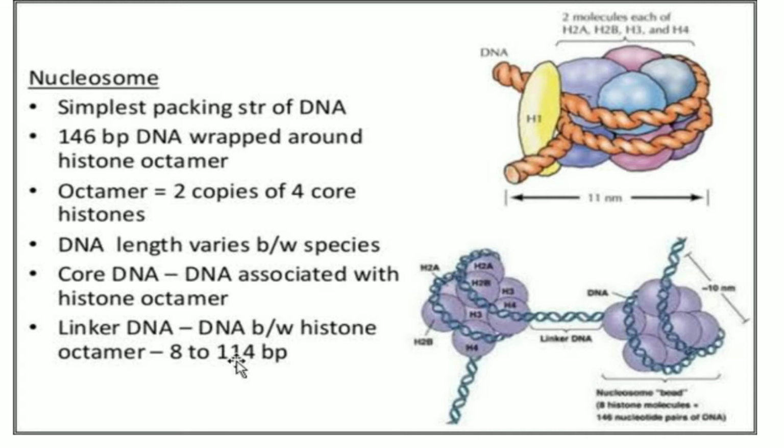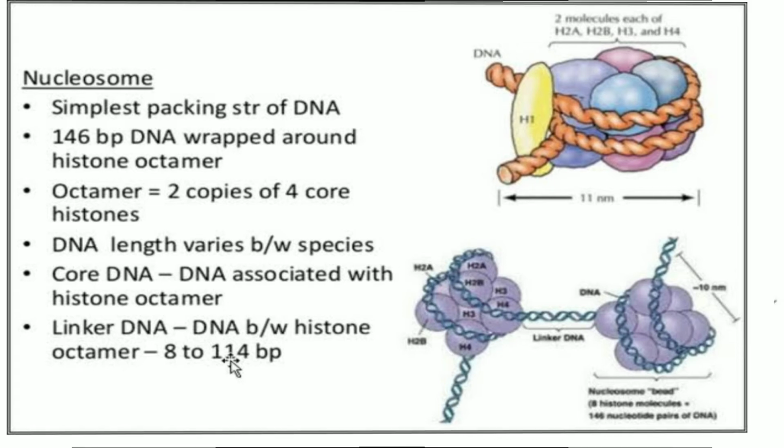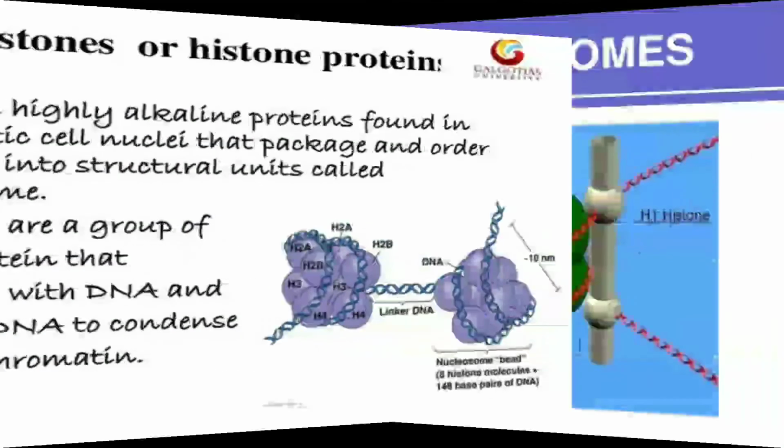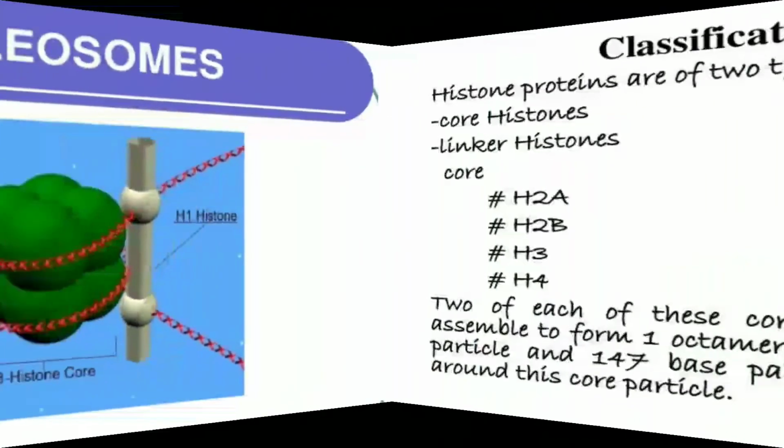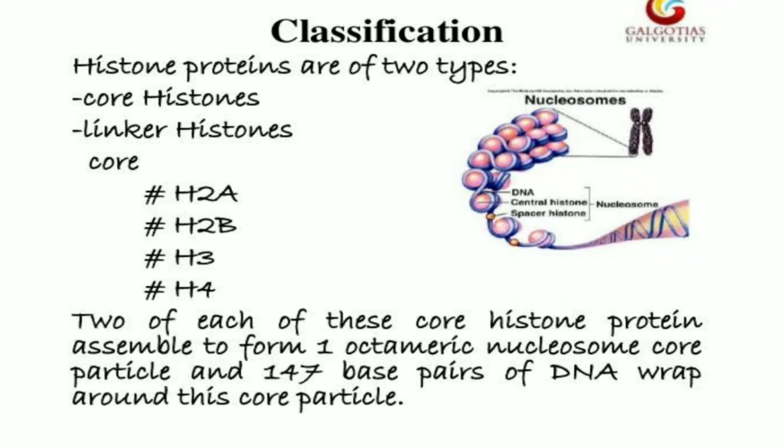Now, if someone asks you what is a nucleosome chemically, the nucleosome is about 12.5 nanometers, which is equivalent to 200 base pairs, plus histones which are of four types. The histone proteins are of two types, the core protein and the linker protein. The core protein is the one around which the DNA is wrapped, and linker histones connect one nucleosome to another nucleosome.